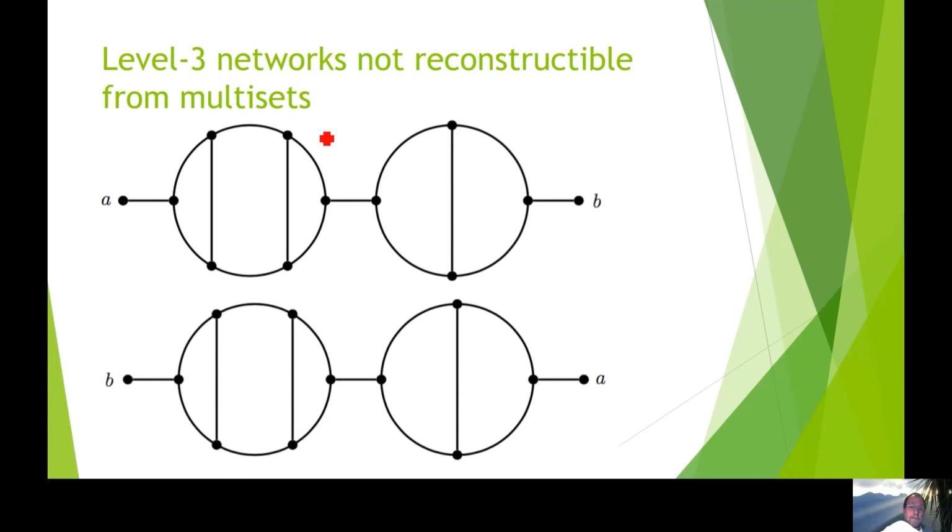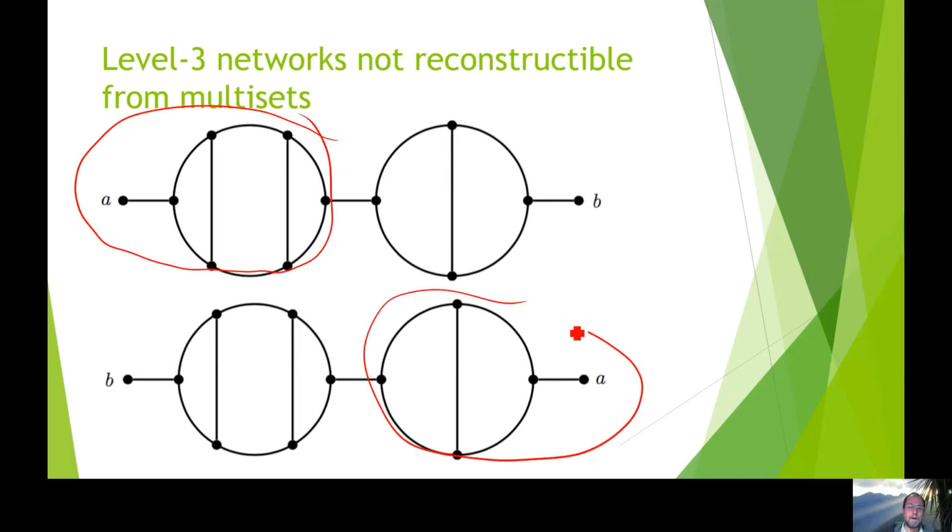Again, you can see that this blob and this blob are different. So we have 2 non-isomorphic networks which have exactly the same multi-set distances. Of course, these are rather funny looking networks. They have only 2 species. I always have a good laugh about that, because I think Danny Hewson once asked, can we get past 3 species? And apparently in this example we can't even get past 2.